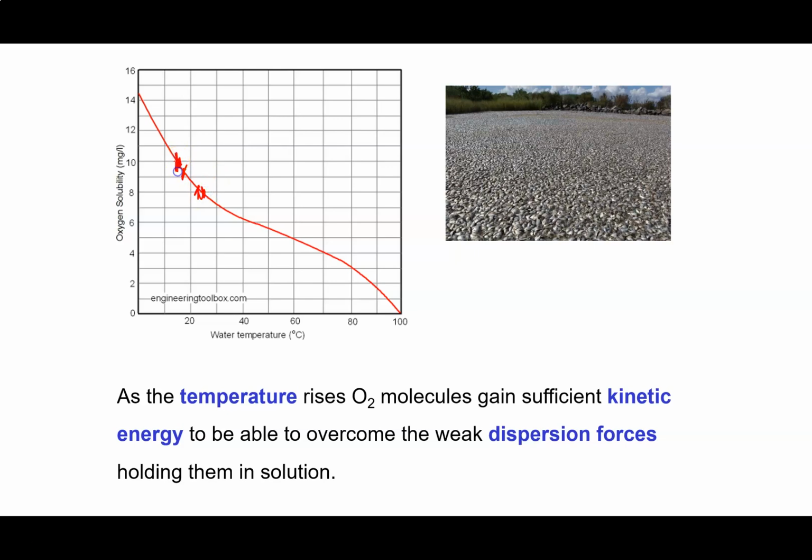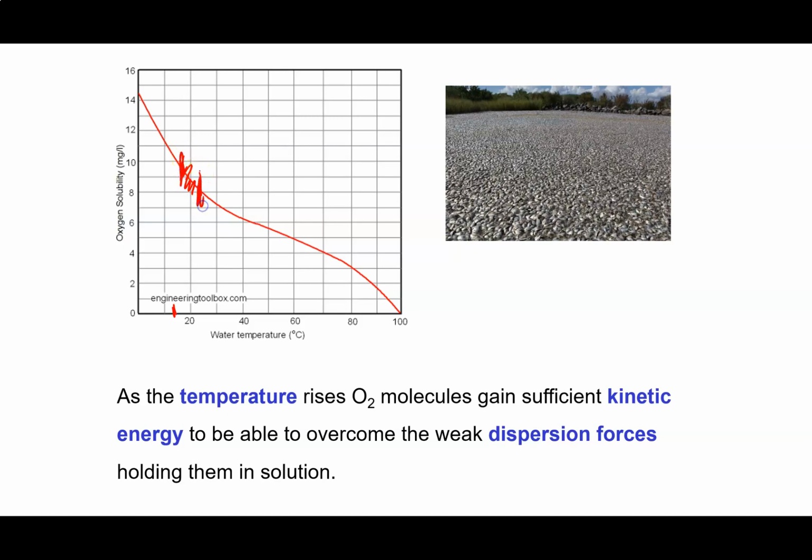People are interested in this because it's a significant change in oxygen solubility.